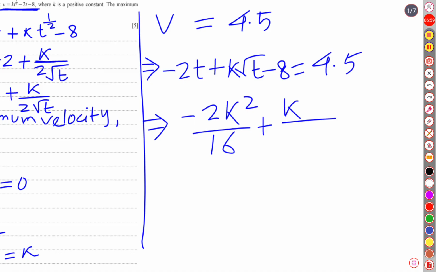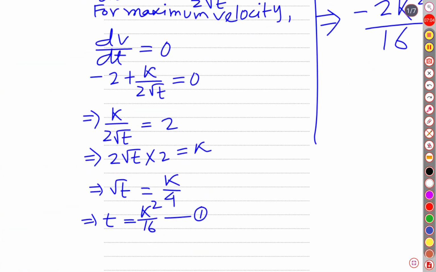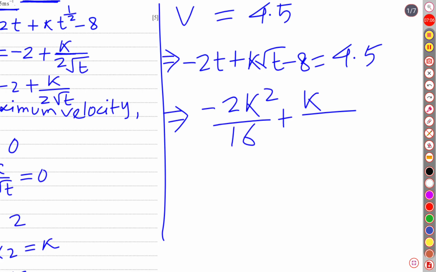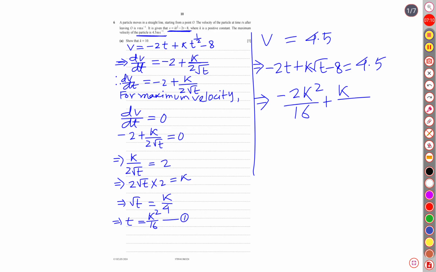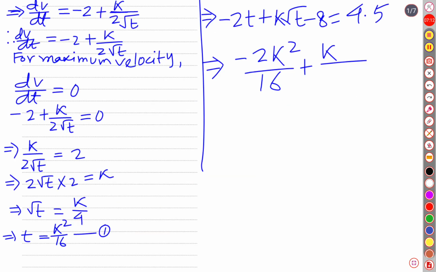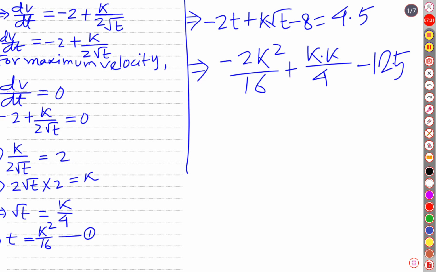Square root of t was k over 4, so square root of t is k over 4, into k over 4, minus 8 and minus 4.5, which is actually 12.5, equal to 0.